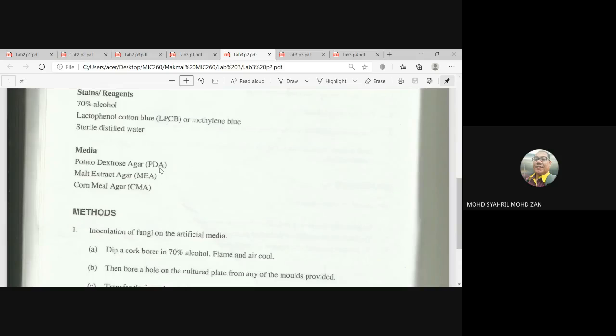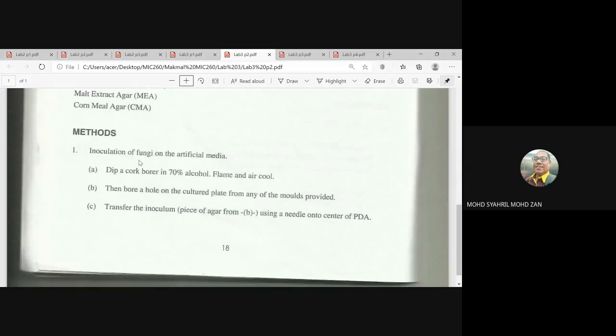Okay, media we use PDA or potato dextrose agar, malt extract agar or MEA. For last one, we use corn meal agar, CMA, right? So the first step, we have to inoculate our fungi on the artificial media, right? So dip a cork borer in 70% alcohol, okay?